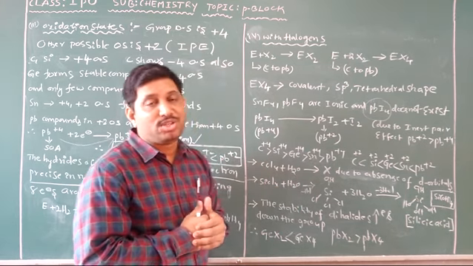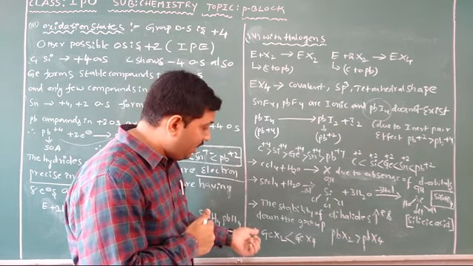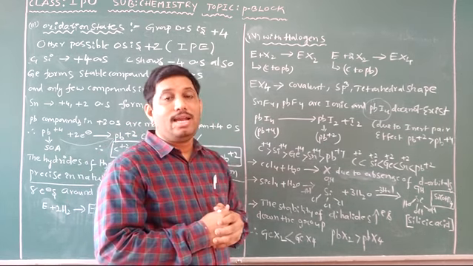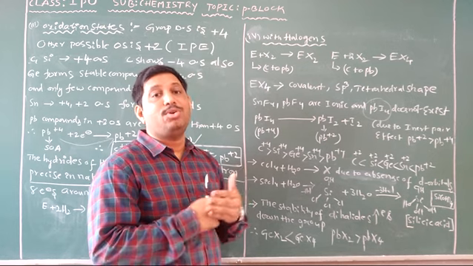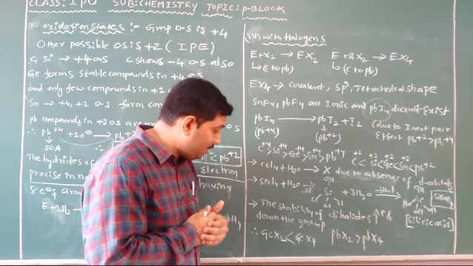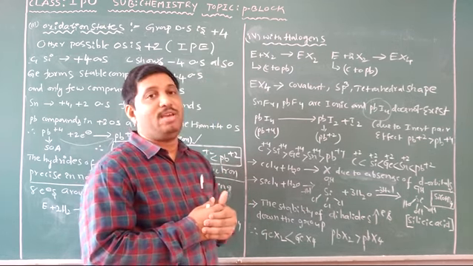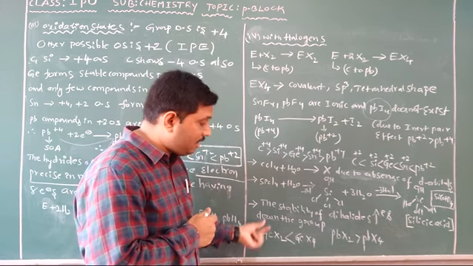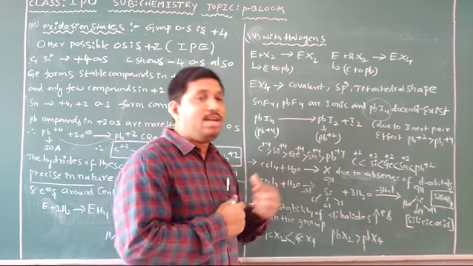Down the group, +2 oxidation state stability increases. Whereas the tetrahalides of germanium are more stable than the dihalides of germanium. Therefore, germanium dihalides are less stable than germanium tetrahalides.